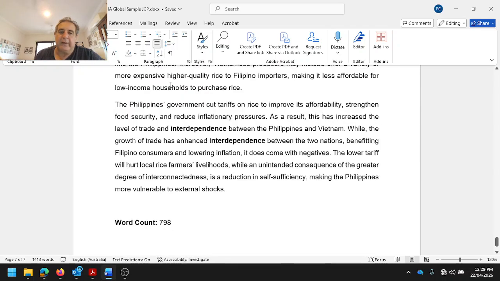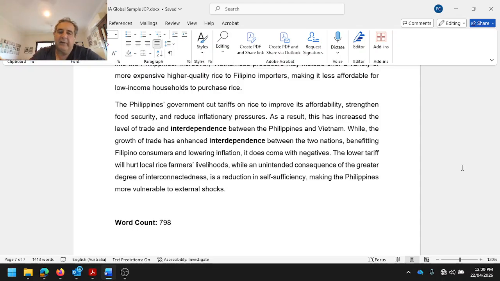So if you have a quick read through of that paragraph, again, it is essential that the key concept is mentioned and a big sweeping general statement is made about the key concept in the final paragraph. So he says, yep, the level of trade has increased, therefore the level of interdependence between the two nations has increased.